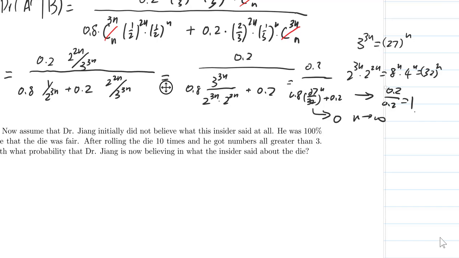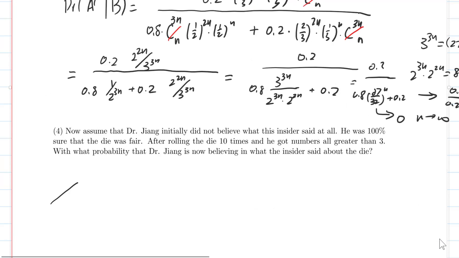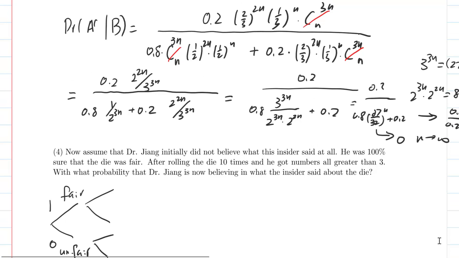So what we have now to begin with is that with probability 1, he believes it's fair, and with probability 0, he believes it's unfair. Okay? And if it's fair, we still have the same structure over here.